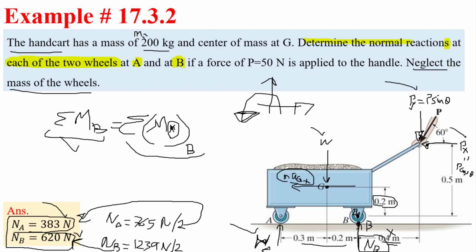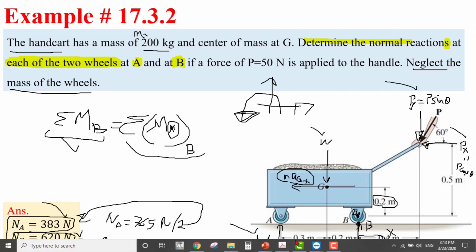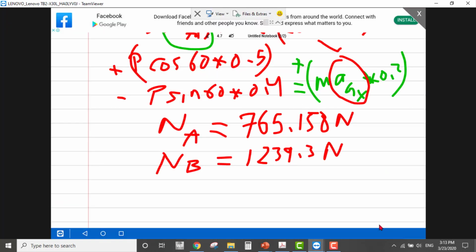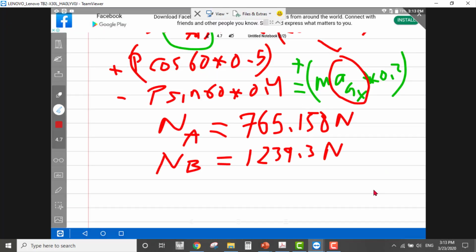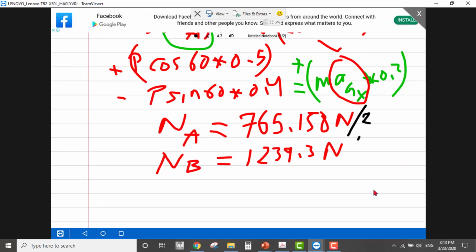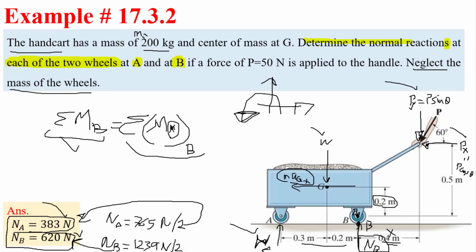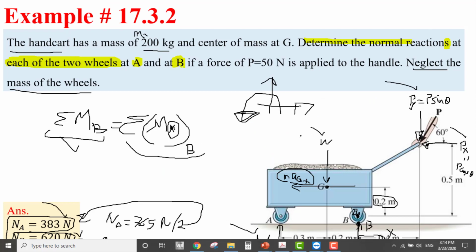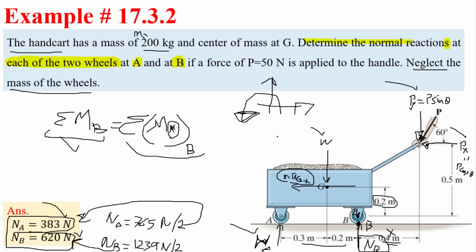So in the solving board, we must write divided by 2, divided by 2. And by this we finished talking about section 17.3.